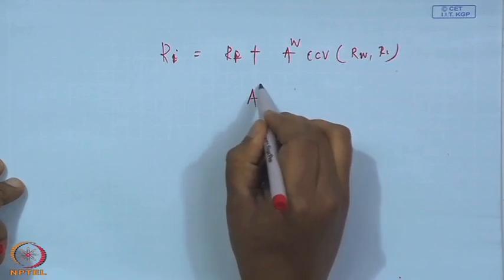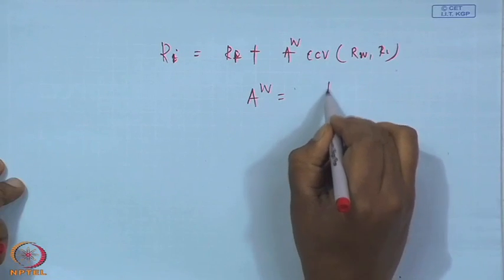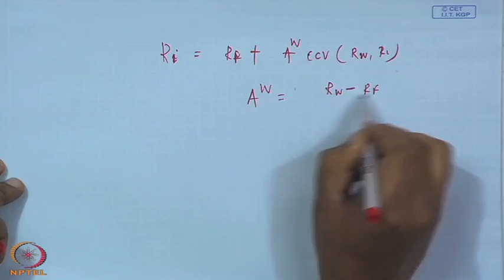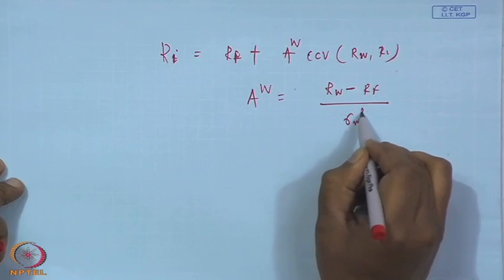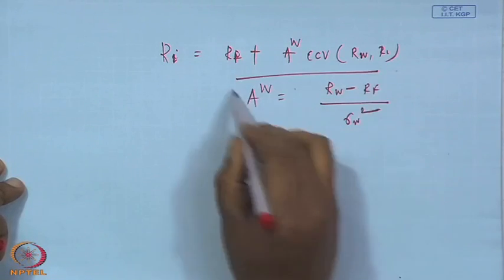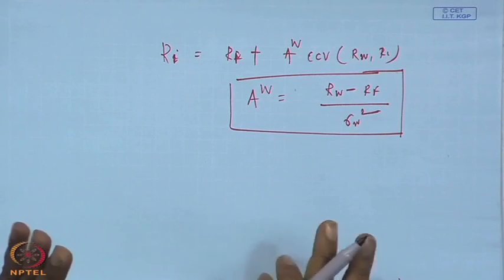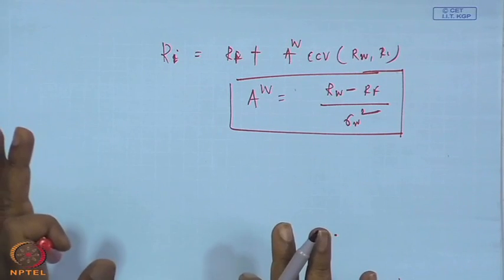Here Aw is the aggregate risk index, that is Rw minus Rf divided by sigma W squared.